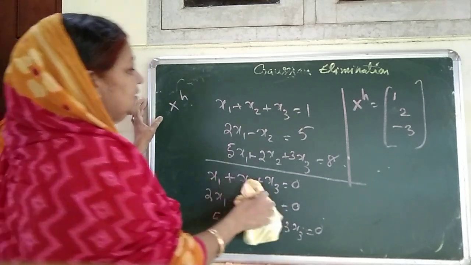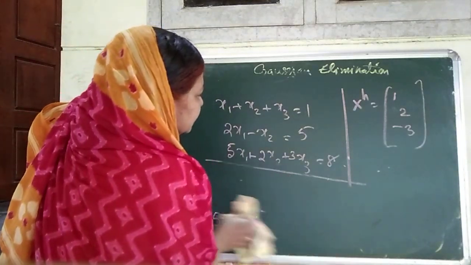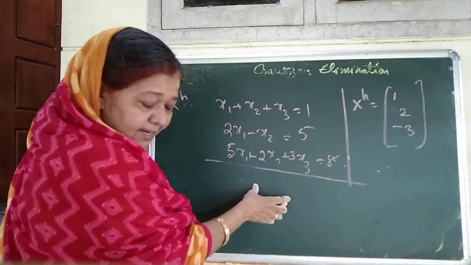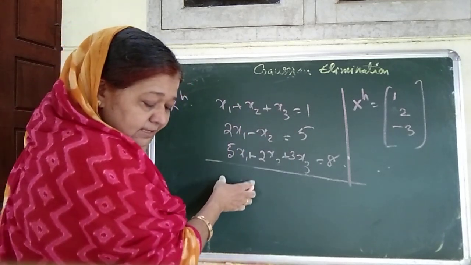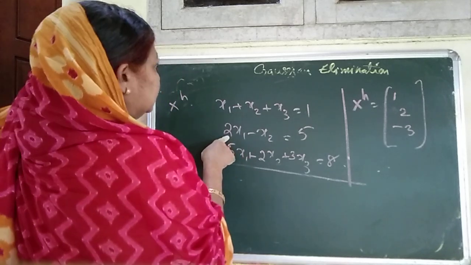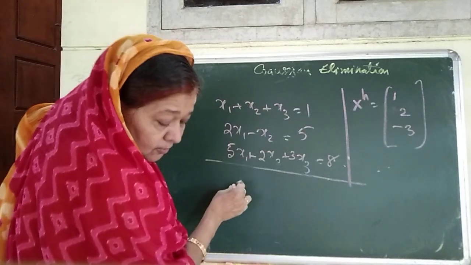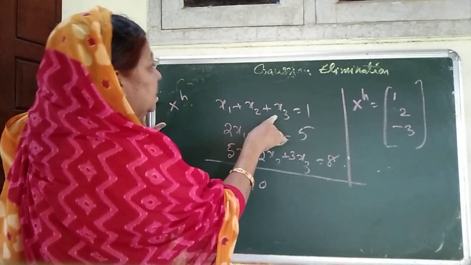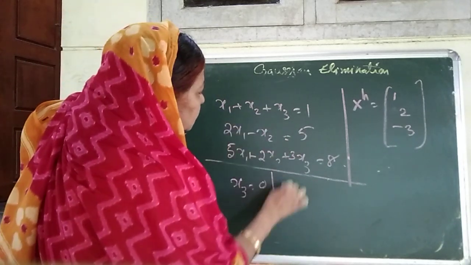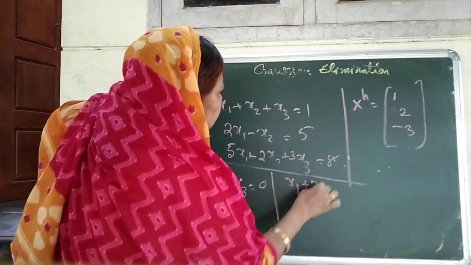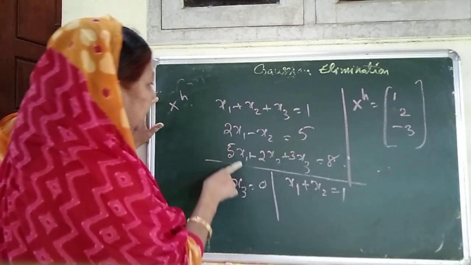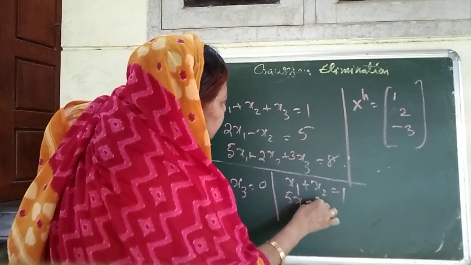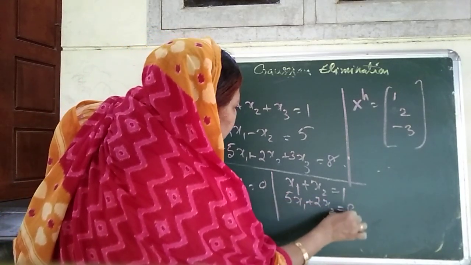Then we can find another solution, x bar, a particular solution of this equation, by putting values just as in the previous case. We take a particular value x3 equal to 0. We get x1 plus x2 equal to 1, and 5x1 plus 2x2 equal to 8.